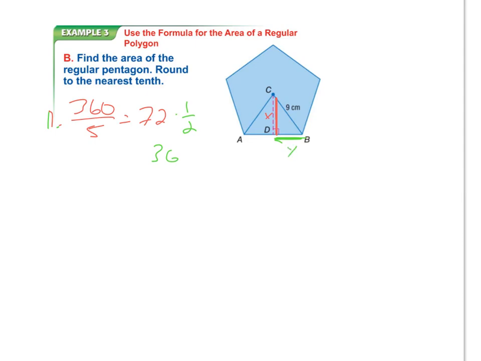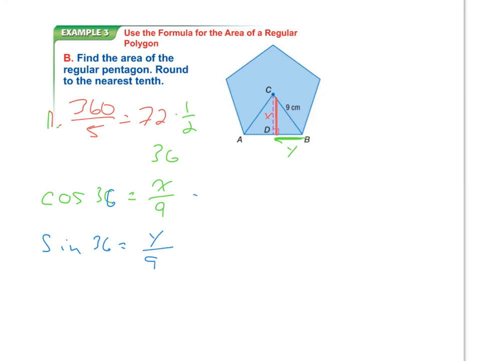So I now know that this cosine of 36 degrees is equal to x over 9. I also know, in blue here, the sine of 36 is equal to y over 9.